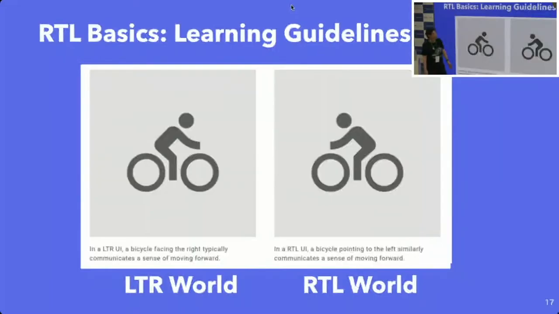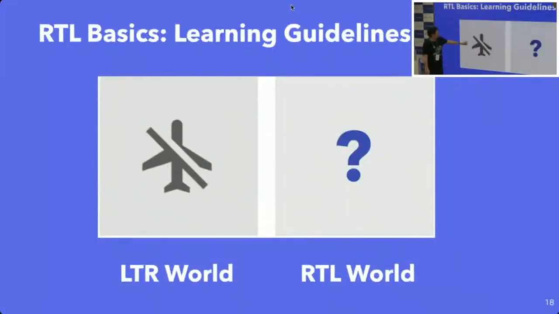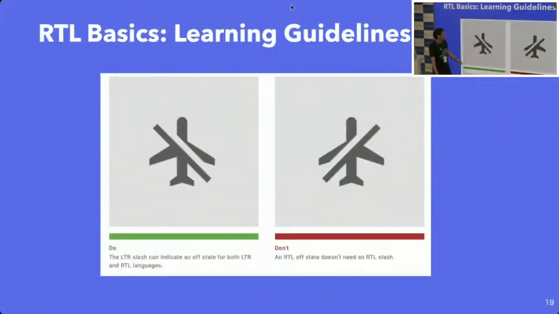And I have another question. This is disable airplane mode. Can anyone guess this icon? No one? It's a tricky question. Oh, thank you. Good answer. Okay, this is a tricky question.